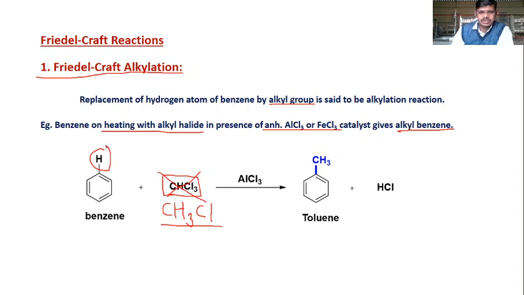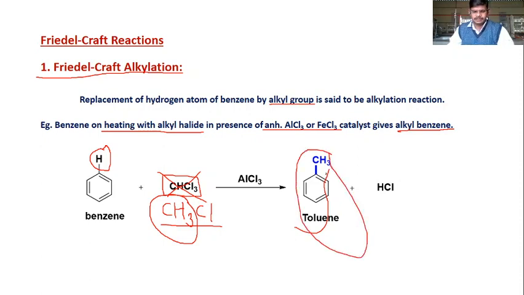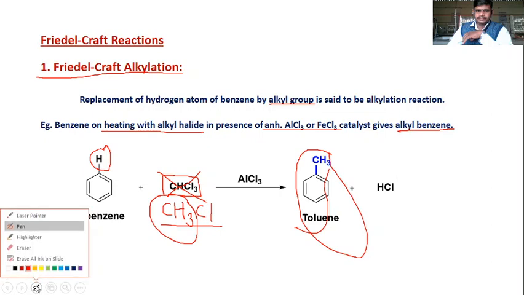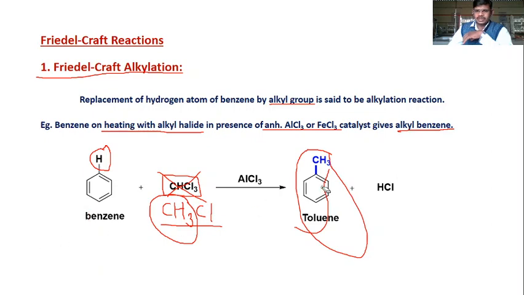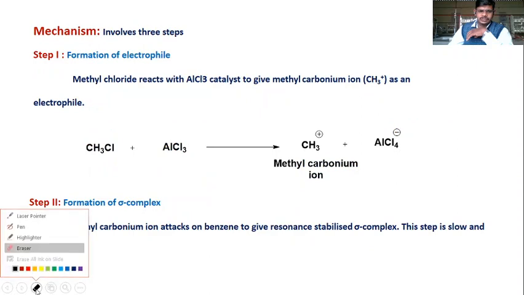This hydrogen from the benzene ring is replaced by this CH3 group, and we are going to get the alkylated benzene like this, along with the evolution of hydrogen.